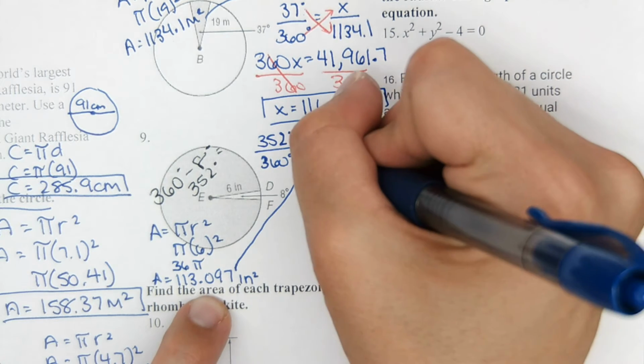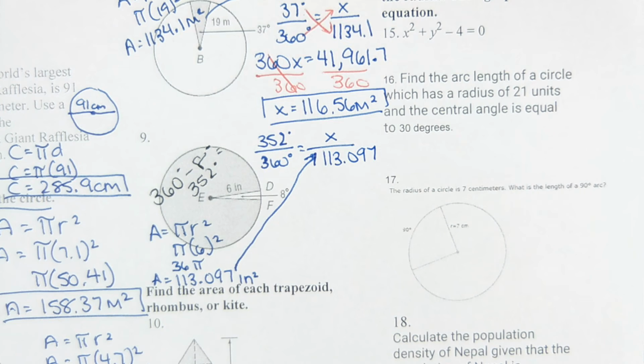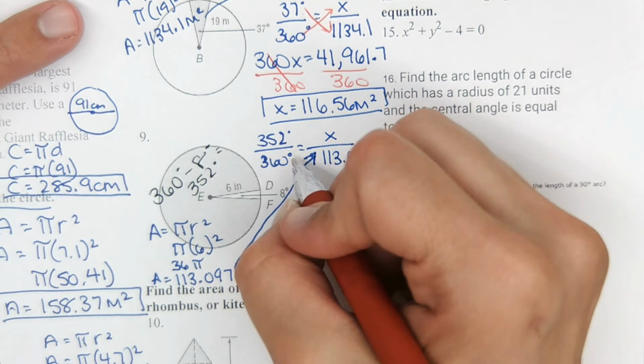Okay, so then this goes here, 113.097. And then cross multiply.